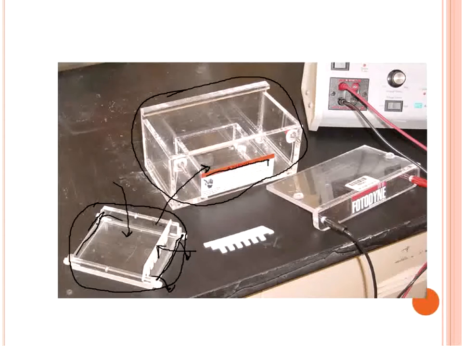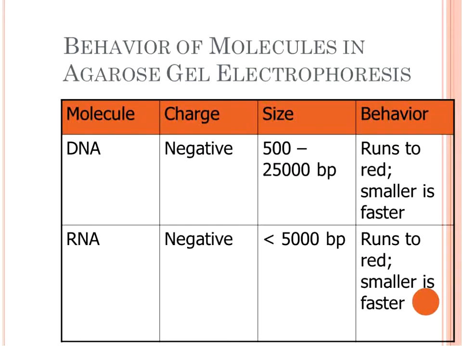Okay, and then here is the top of the gel box, see these electrodes right here? This plugs into that. And here is your power supply. You will see it next week on Monday.